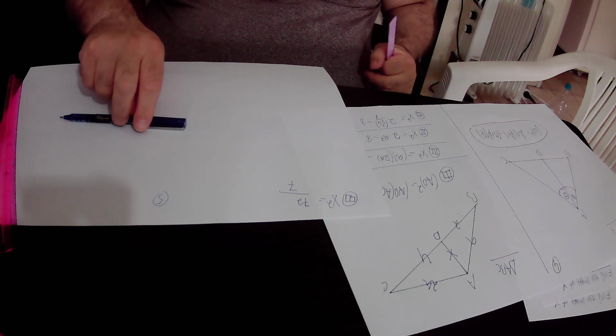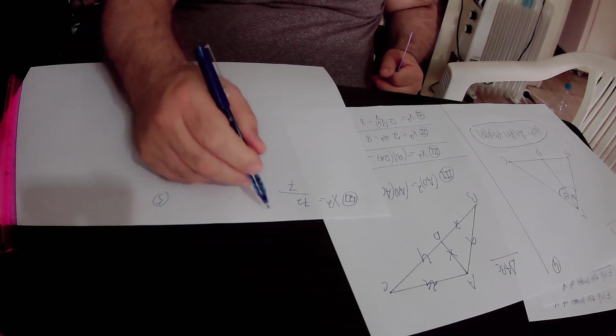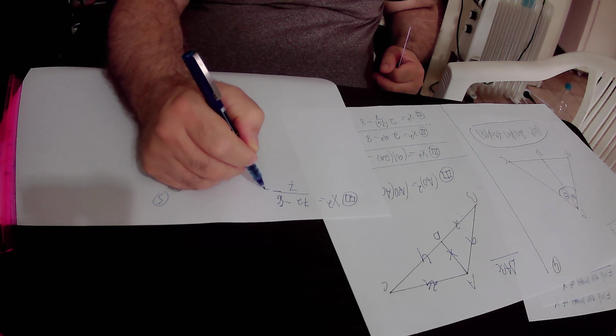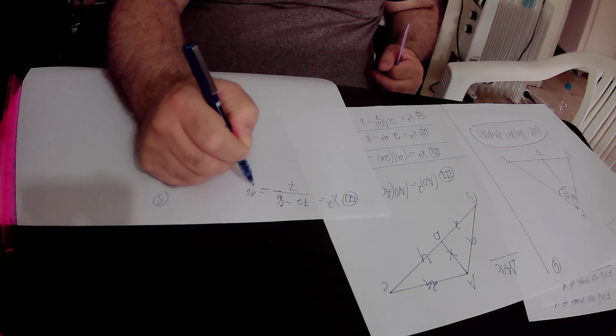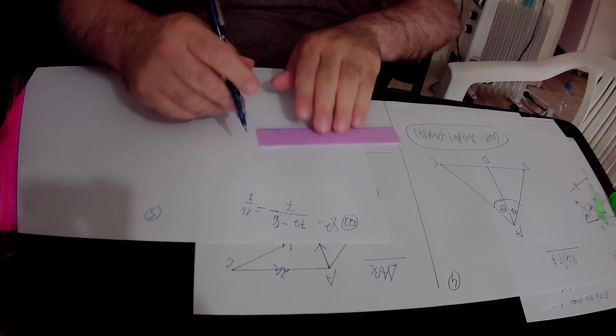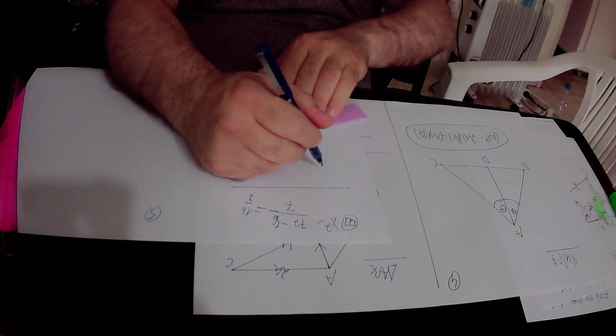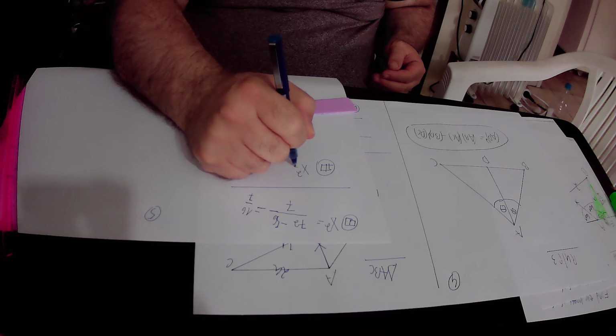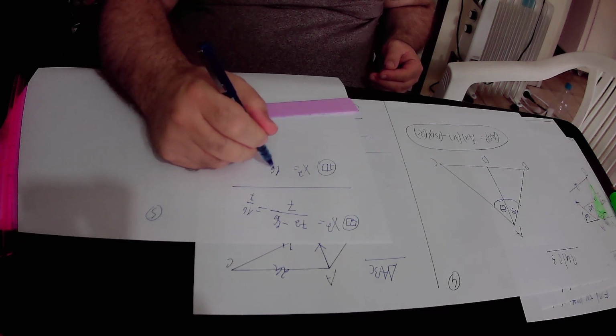So minus 8 times 7 is minus 56 over 7. 72 minus 56 is 16 over 7. So in conclusion, we found out that according to equation number 3, x squared equals 16 over 7.